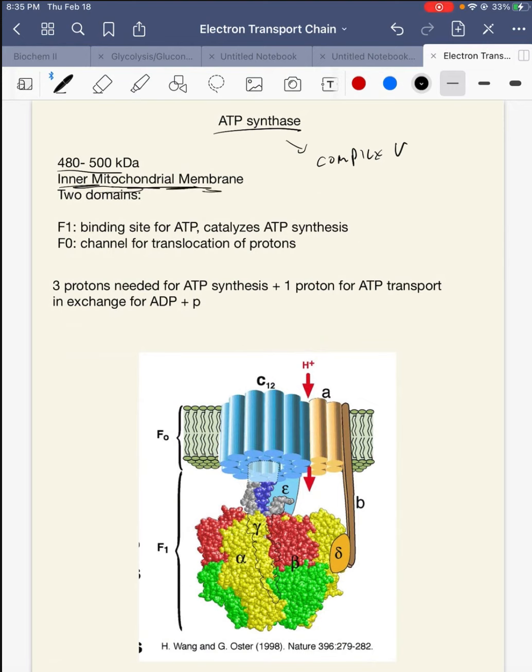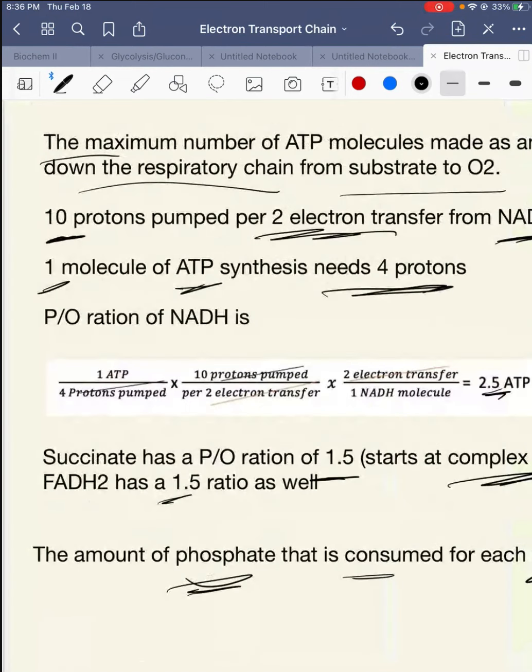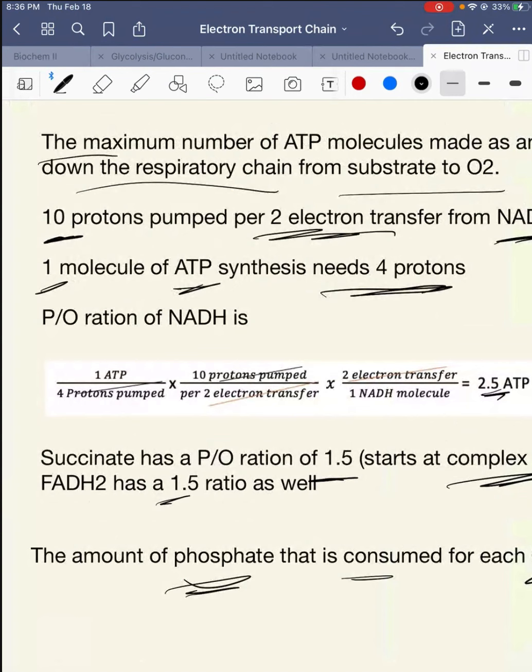It has two domains, an F1 and an F0 domain. The F1 domain acts as a binding site for ATP, and it also catalyzes ATP synthesis. The F0 domain is basically a channel for protons. So this is the F0, and this is the F1. Remember I said 1 molecule of ATP synthesis needs 4 protons.